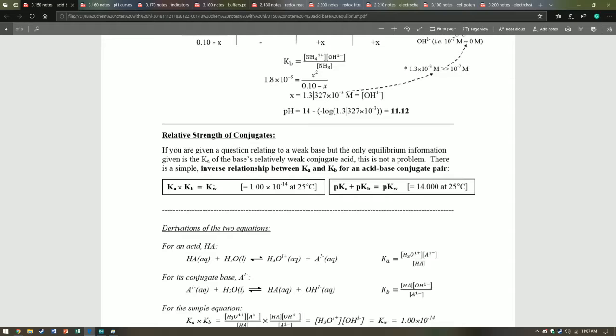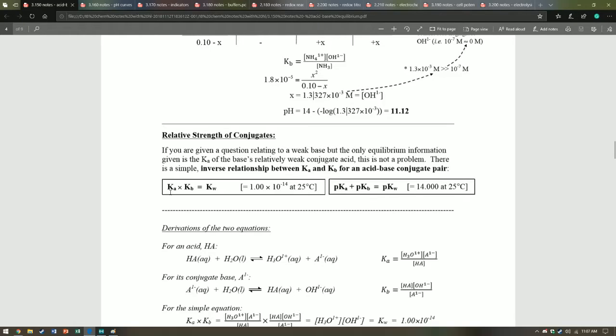That means that if you have an acid with some Ka, if you have a strong acid, which has a high Ka, then its conjugate base is really weak. Now, there are some complications with that.